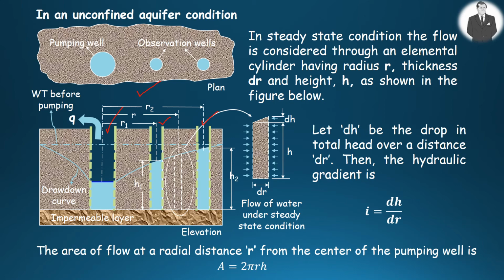All wells have perforated casing extending to impervious layer. The aim of this casing is twofold. Firstly, it prevents the collapse of soil into wells. Secondly, it enables water to flow into wells easily.